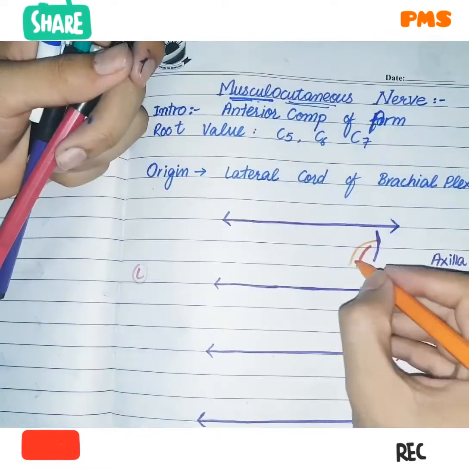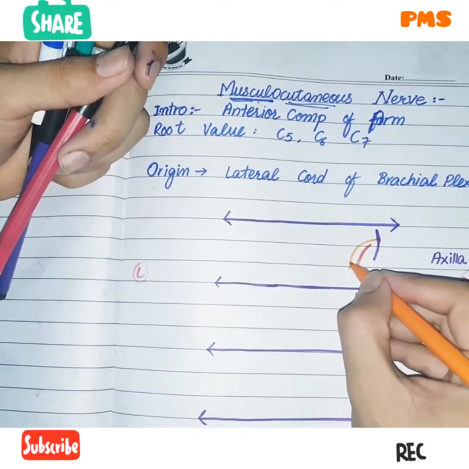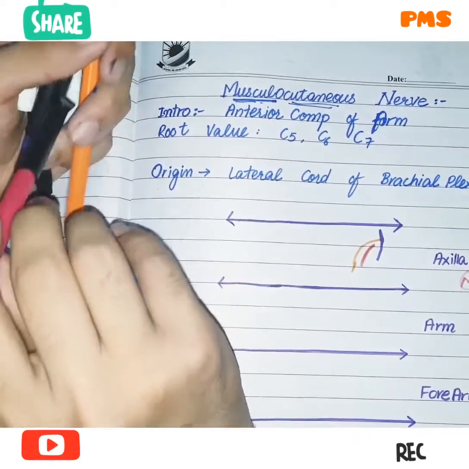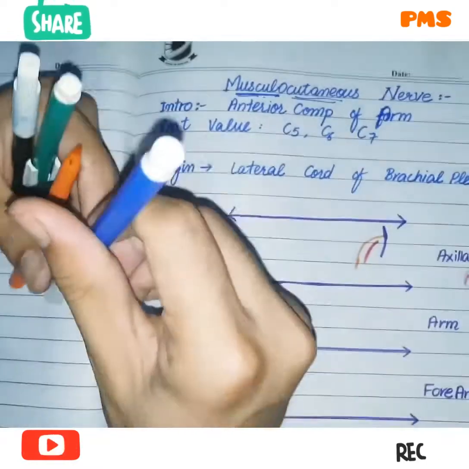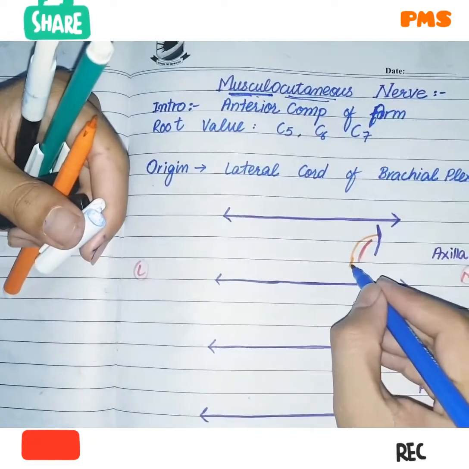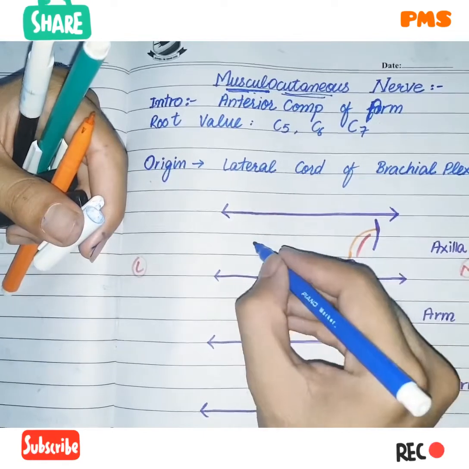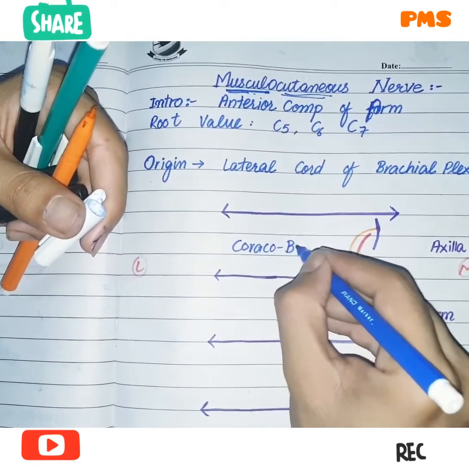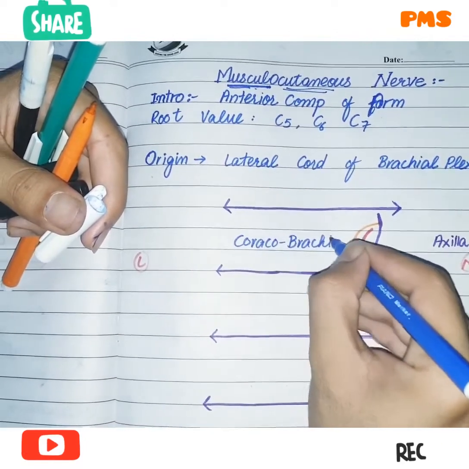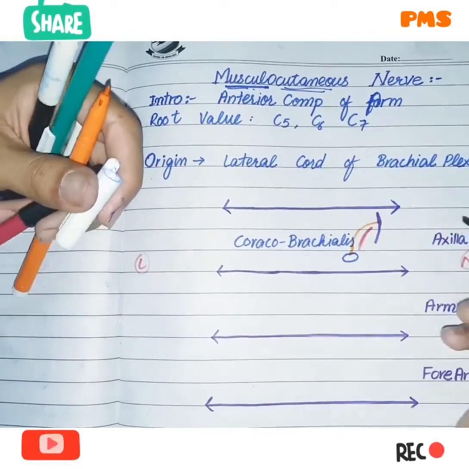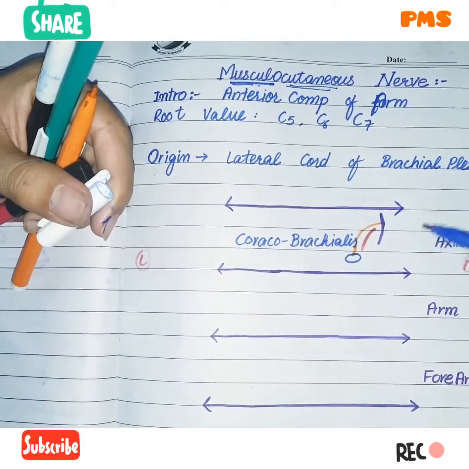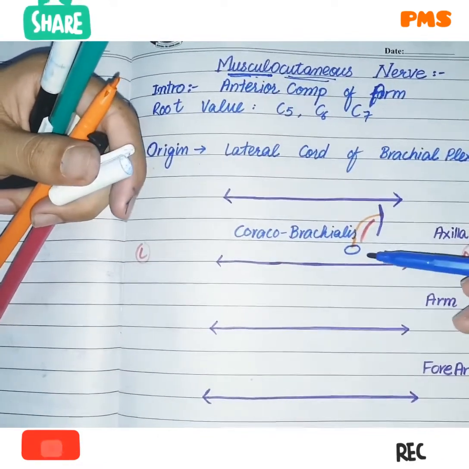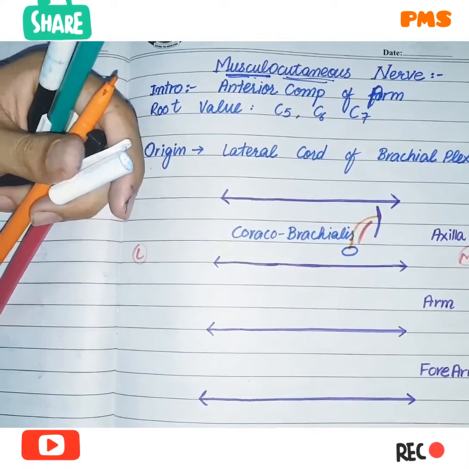The nerve descends downwards and pierces the coracobrachialis muscle. So you have to remember two points in the axilla: it lies lateral to the axillary artery, and then it pierces the coracobrachialis muscle and innervates it.